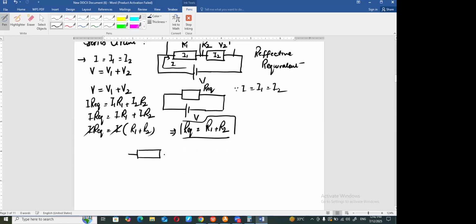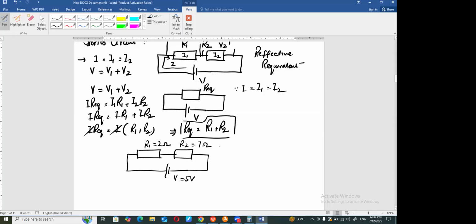Let's solve one of the questions. This is one resistance, this is the other one, and this is a battery. The value is taken as, let's suppose, 5 volt. R1 is 2 ohms. R2 is, let's suppose, 7 ohms.